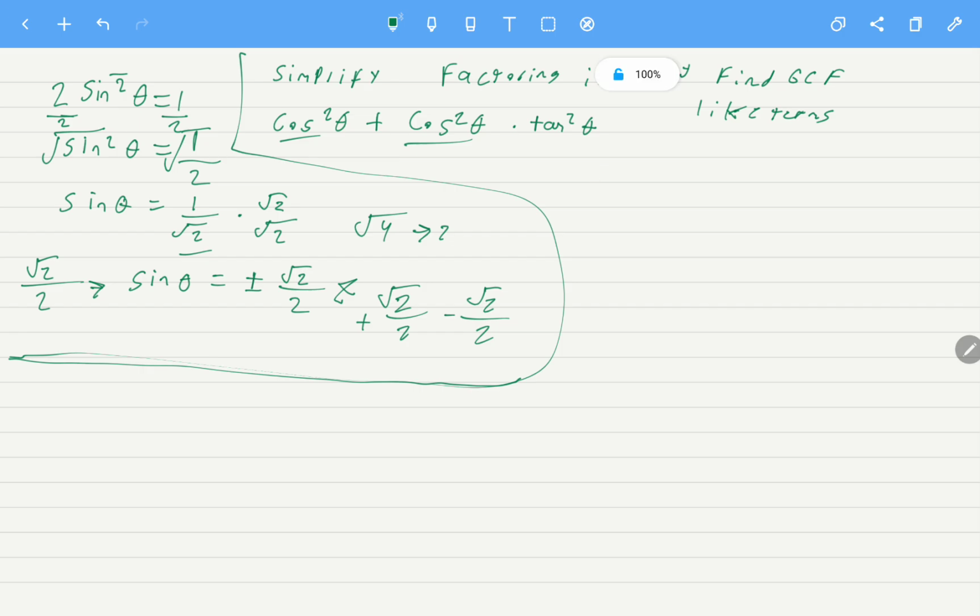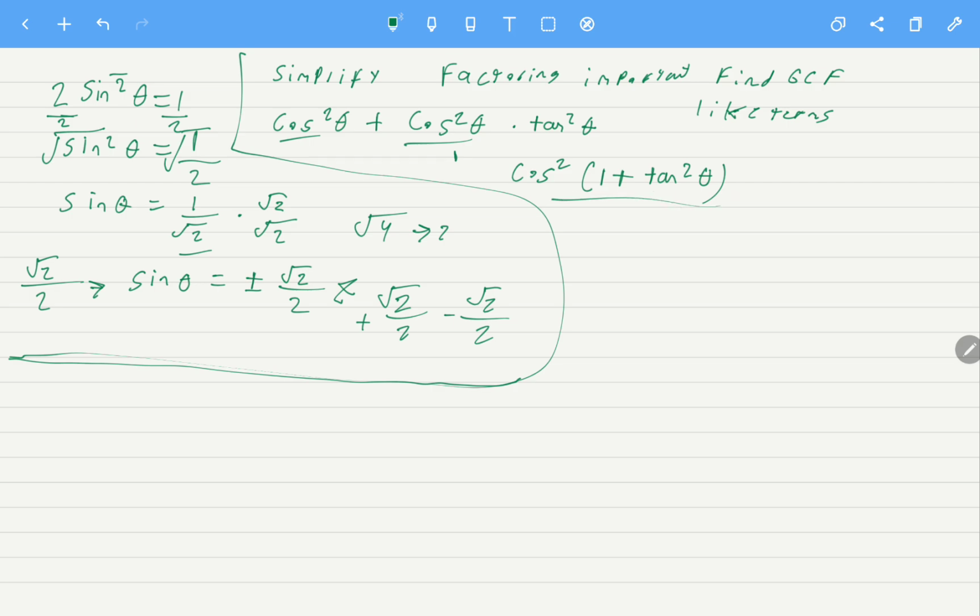Cosine squared is our like term. So when we factor it out, we have 1, because this would be 1, and then plus tangent squared theta.